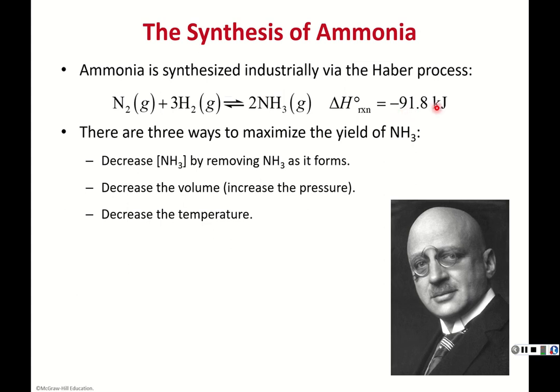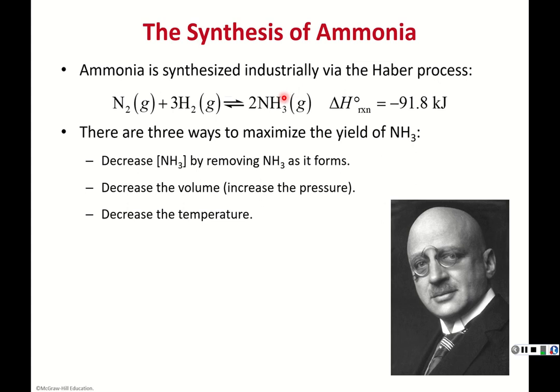Right? There are three ways to maximize the yield of NH3. You can decrease the concentration of NH3. So how do you do that? You would remove it as soon as it's formed. Okay?